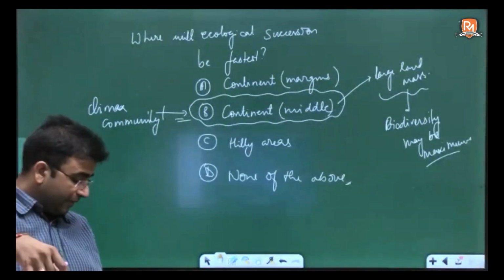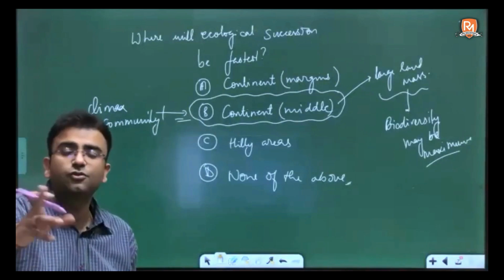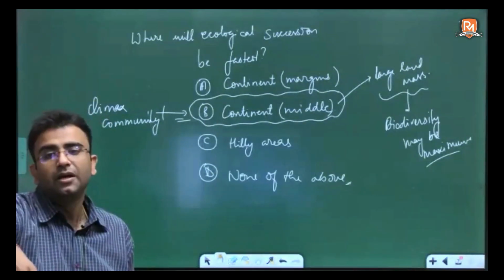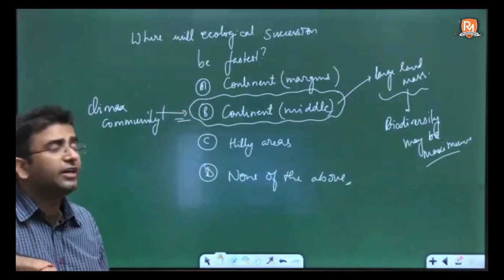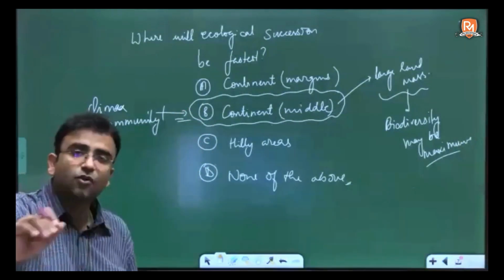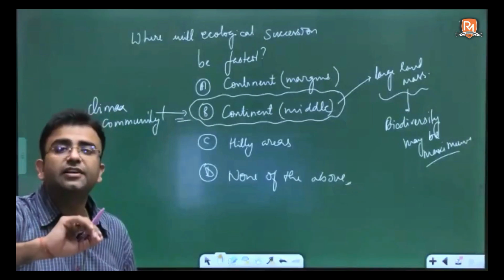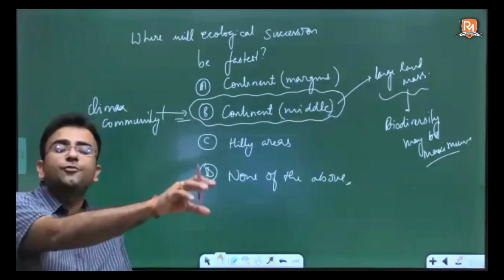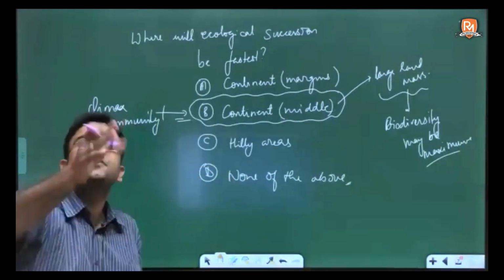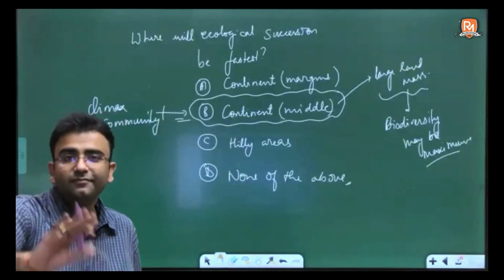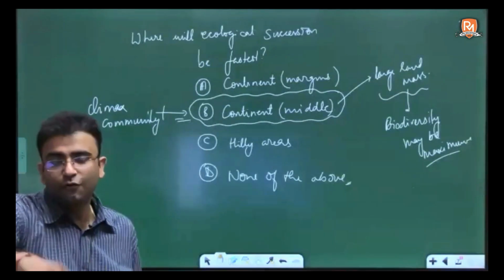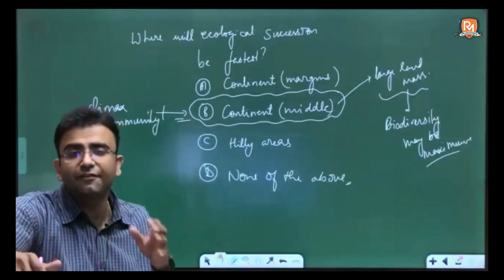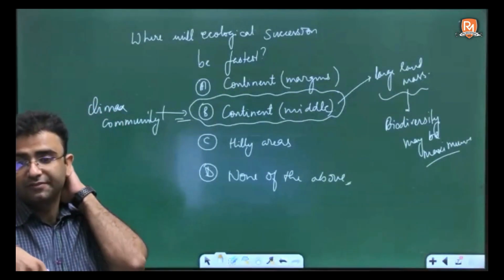Basically, there is no overlap. Those of you asking the question, Prerna, why not the continental margins? In the continental margins, we generally see that the species or the community living in the aquatic region cannot come onto the land. Are you getting my point? So succession will not take place. For succession, you need a large land area with a big biodiversity.